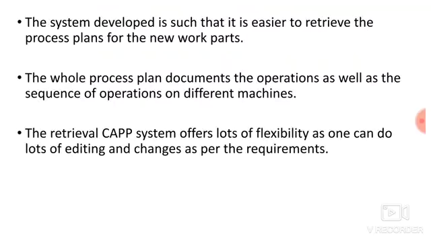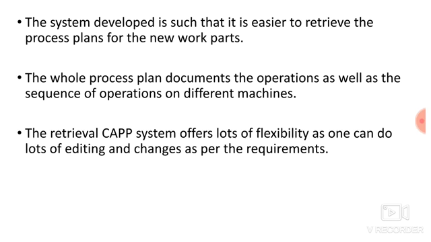Then the system is developed in such a way that it is easier to retrieve the process plan for the new work part. Once the particular code is decided for a particular part, you enter that code inside the system. Then you will get a process plan for that particular part. The whole process plan documents the operations as well as the sequence of operations on different machines.